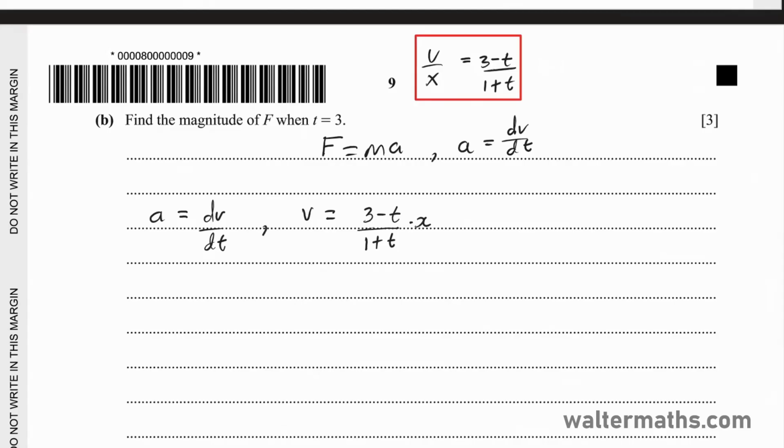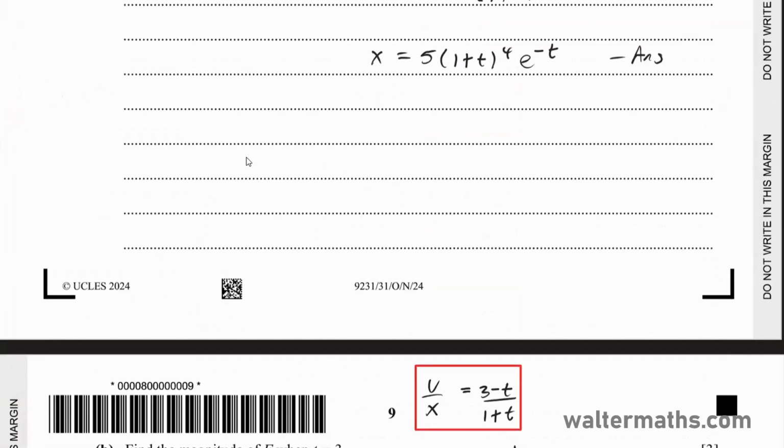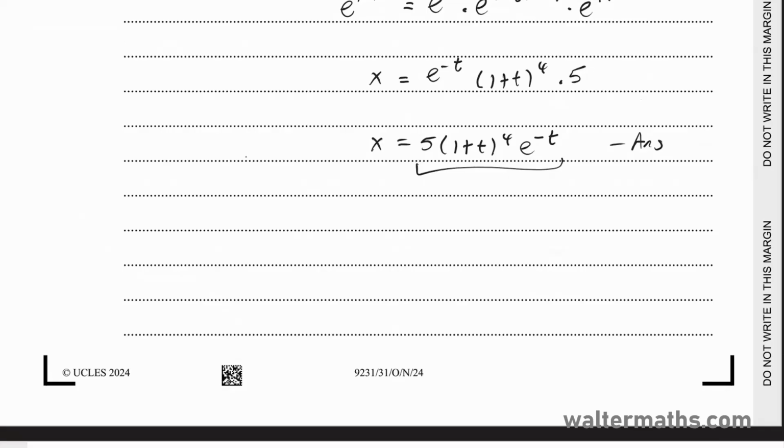So we are therefore saying that a is equal to, and now we can differentiate v with respect to t. But before we do that, this is like (3 minus t) over (1 plus t) times x. Now remember x, we got it to be this.